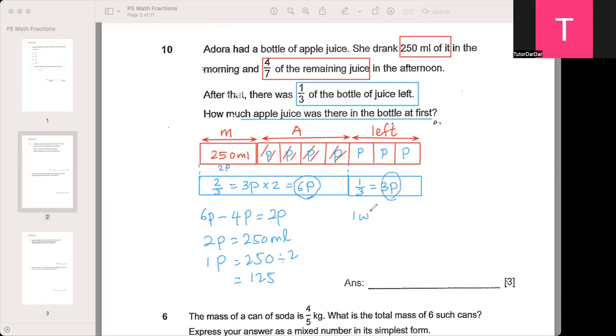This is the 1 whole bottle. 6p plus 3p, you have 9p. So now we know 1p is 125, so for 9p, 125 times 9. You will get 1125. So the answer is 1125 ml.